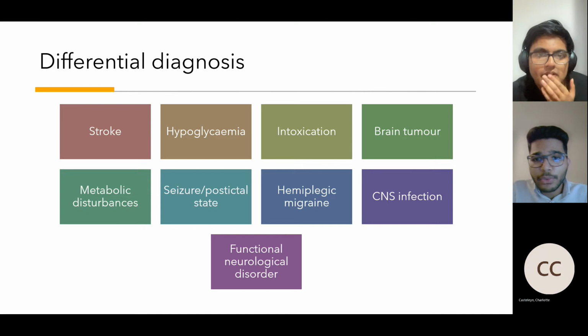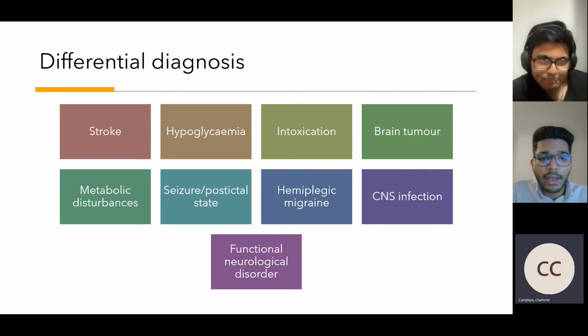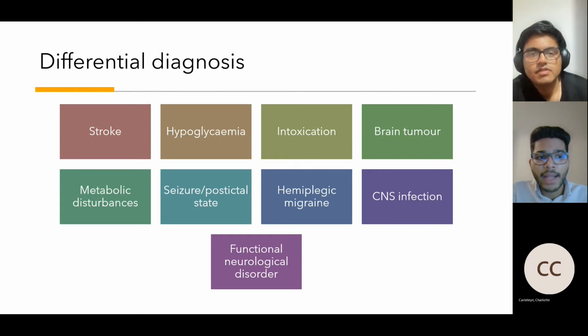So one of the differentials would obviously be stroke with an acute hemiparesis. A really important differential is hypoglycemia. Hypoglycemia can cause any kind of random focal symptom. And the rest of these, and you mentioned some of them, so things like brain tumors and infections, can cause a similar presentation.